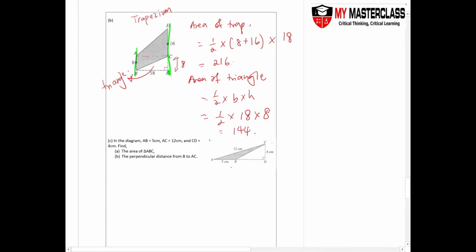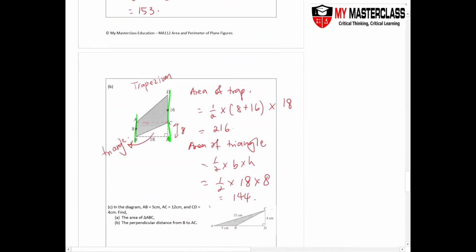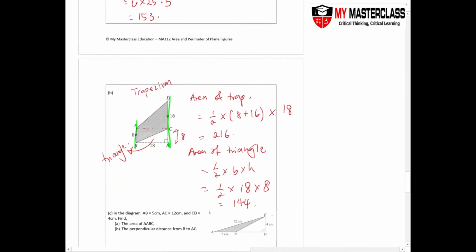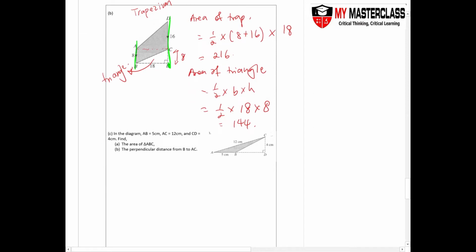So what do you need to do? You actually need to just minus them off, correct? Because what they're asking for is the shaded region, in the following parallelograms, which means the shaded region here. Actually, this shouldn't be parallelogram. Let's change this.